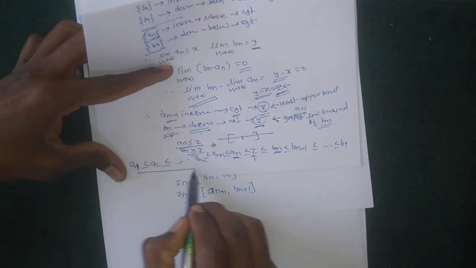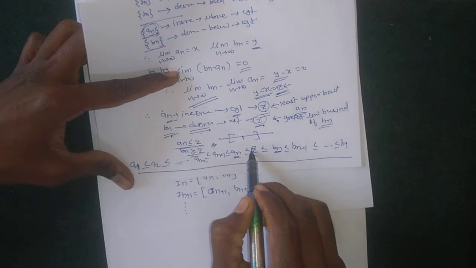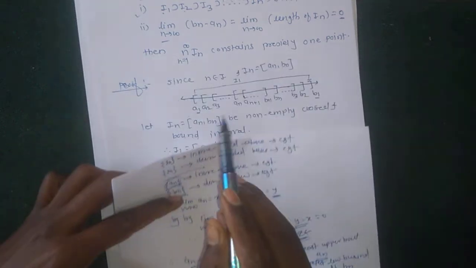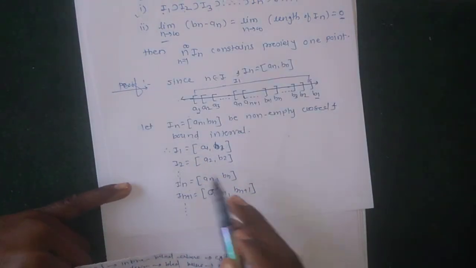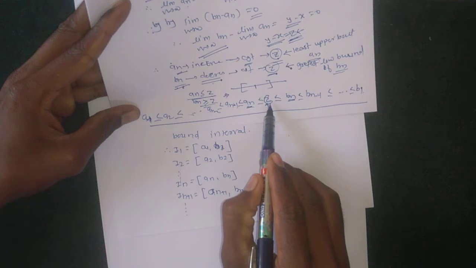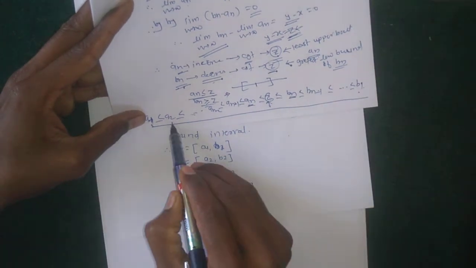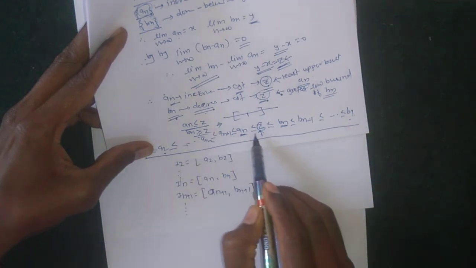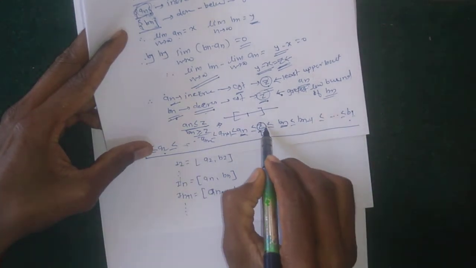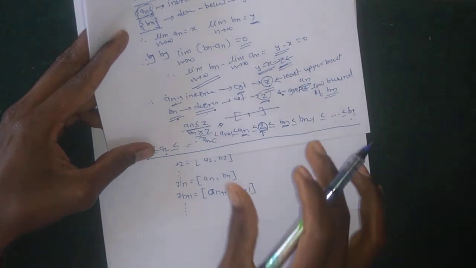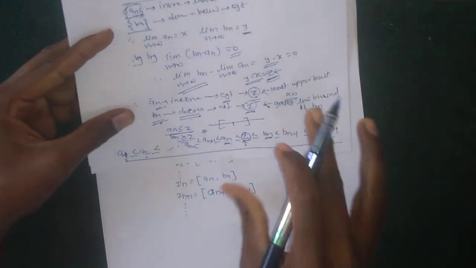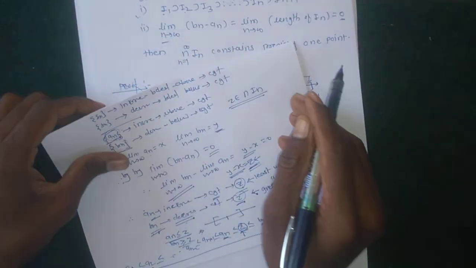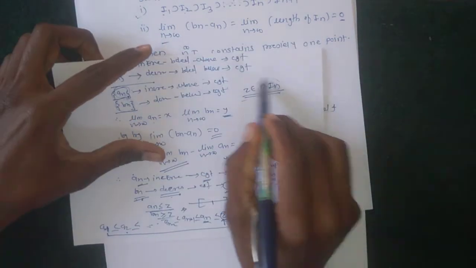In this way z lies in the intersection of all these intervals: z lies in a1 b1, in a2 b2, and so on, in an bn. So z belongs to the intersection of In. This is the first part.